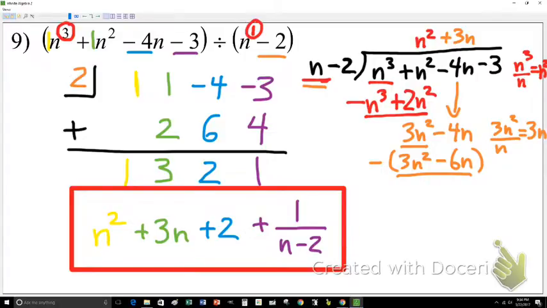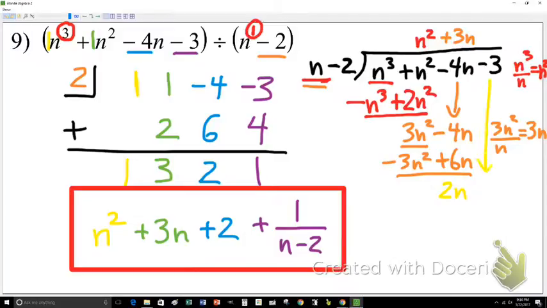It's just easier. So distributing the negative and adding, we have minus and plus there. Okay. And go ahead and add 3n squared plus negative 3n squared would be 0. Negative 4n plus 6n would be positive 2n.